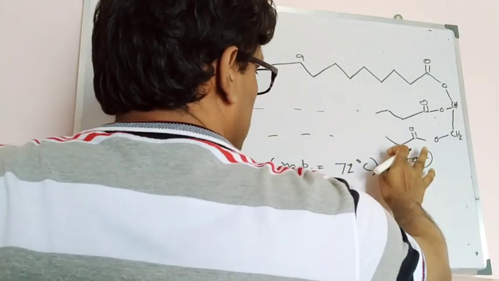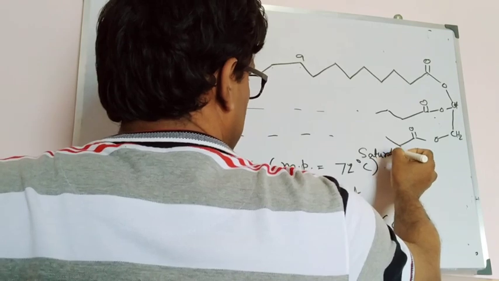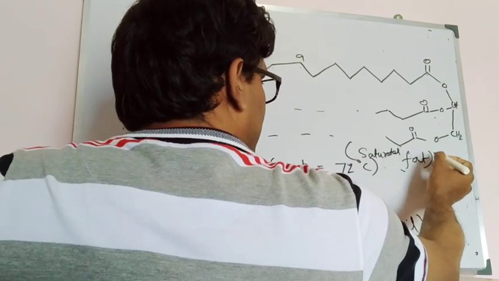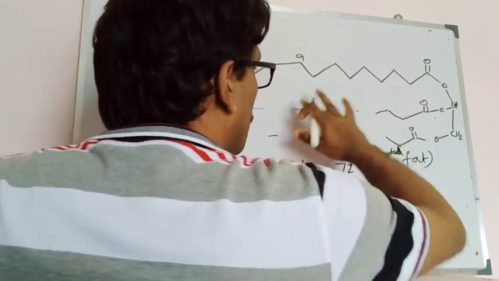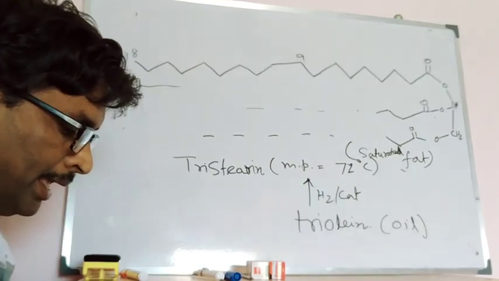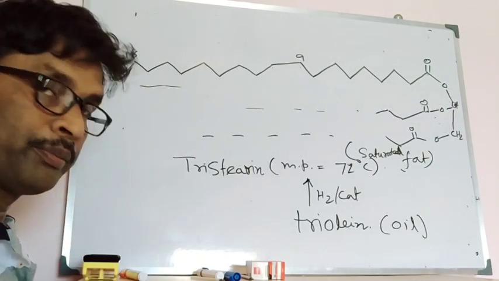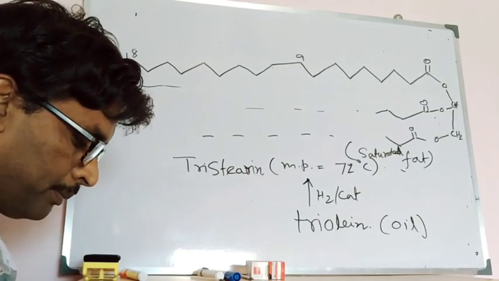Why saturated? No double bond is present. So it is more stable as there is no double bond present in this chain. So there will be no rancidity, and it will be stable for a long time.